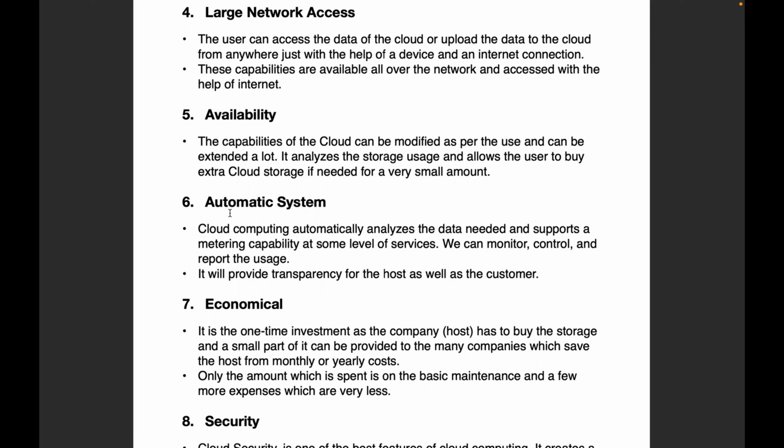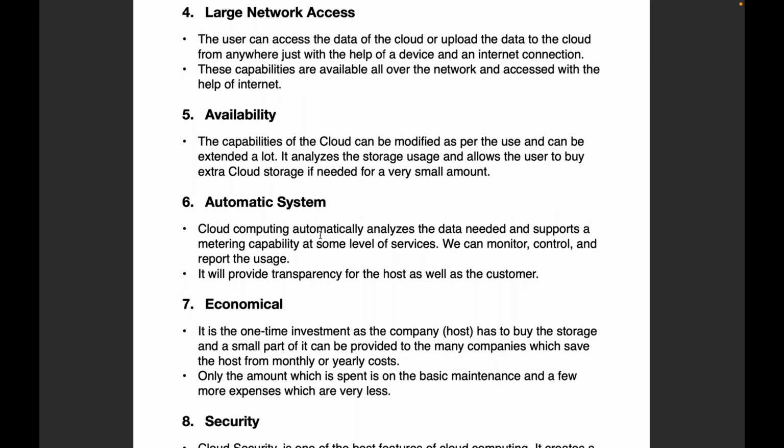The GCP cloud itself, or any particular service, will decide that the load is 100 GB, and it can scale up to 100 GB or to 200 GB also. There are no such restrictions. Automatic is something which is monitored and taken care of by the cloud platform itself.